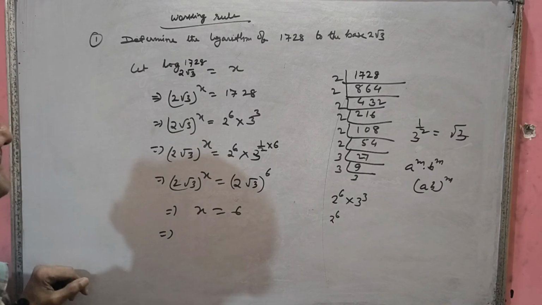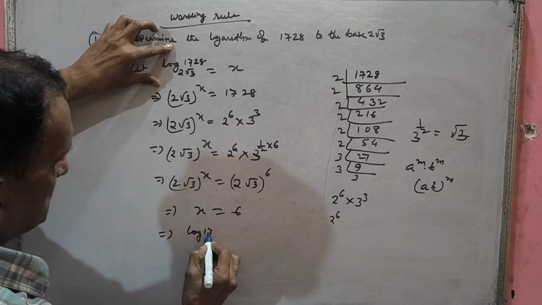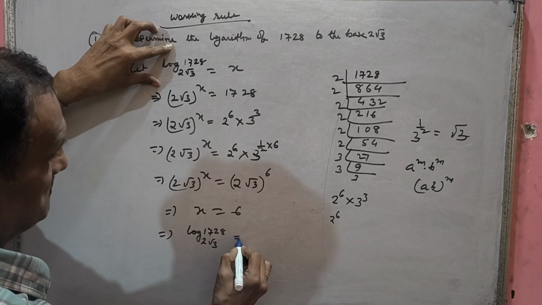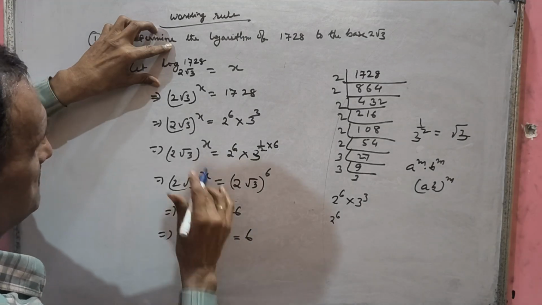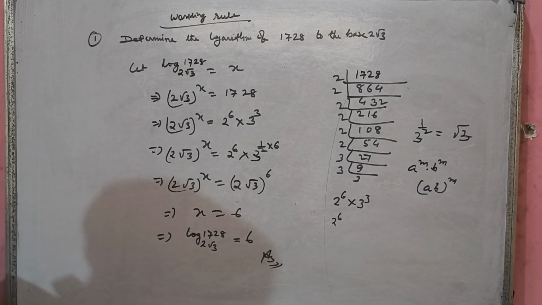And what is x? Log 1728 to the base 2 root 3 is equal to 6. We needed to find the value of this, so this is the answer. Understood? Some more sums, a little bit larger. Now you have the concept.